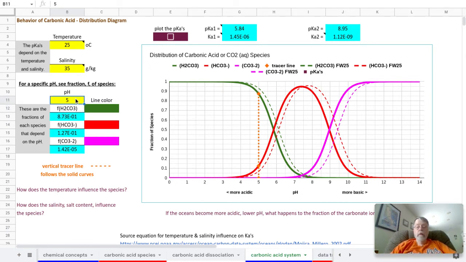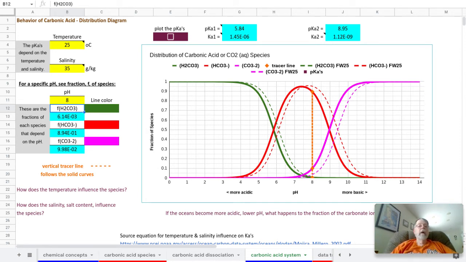If we go to 7, we will now dominate bicarbonate ion, a little bit of carbonic acid. If we go to 8, which is about where seawater is, we're a little less bicarbonate and more carbonate ion. And so they can look at how the distribution changes.